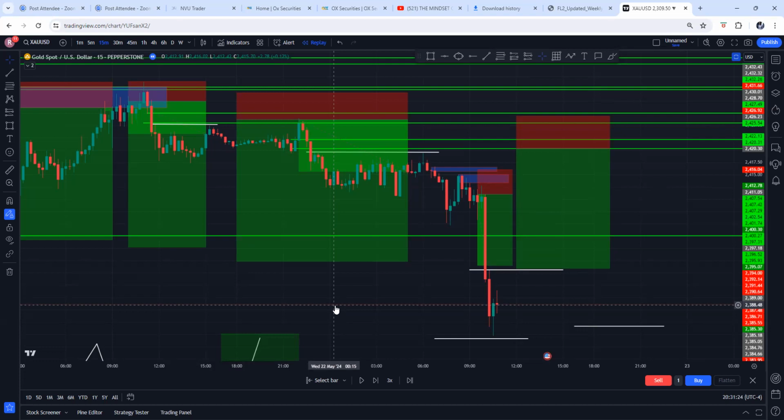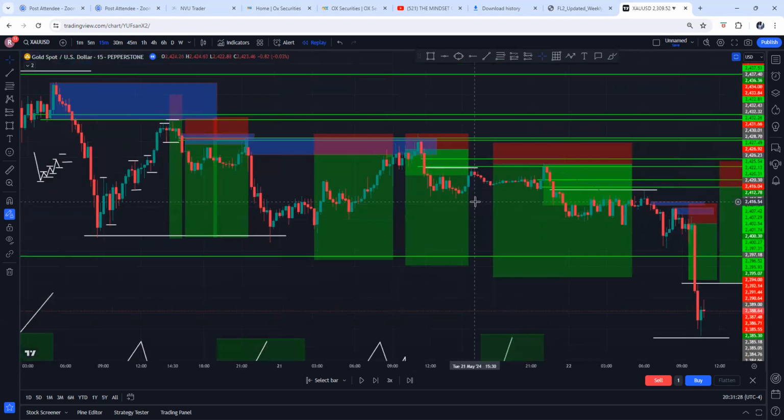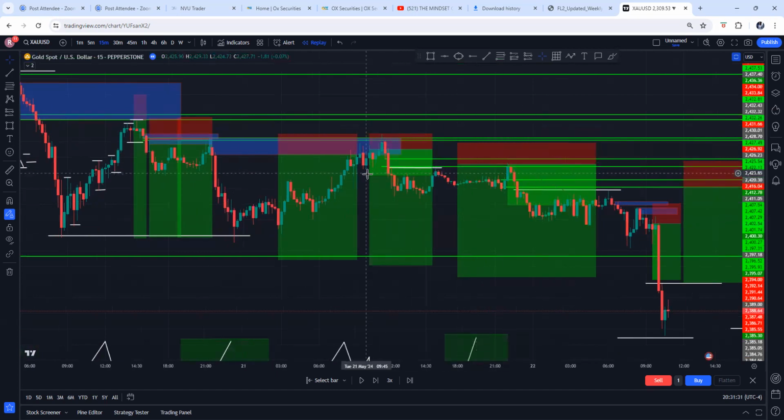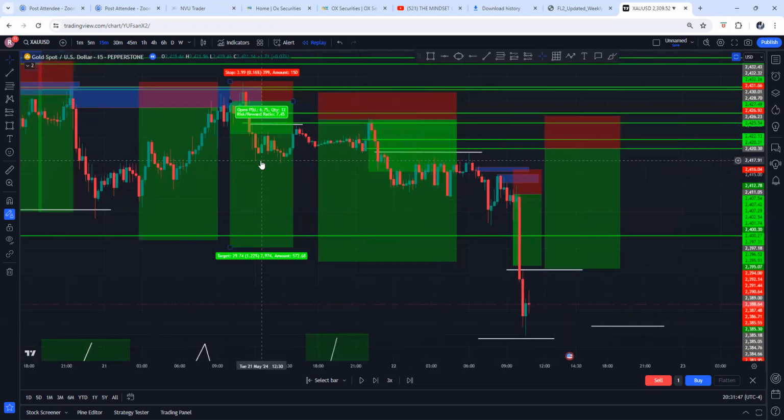Perfect, man. Well, I'm glad that it made sense. But you can see how it played out. And when we get to the second entry model, you will see how we got this entry right here, how this entry came into play.